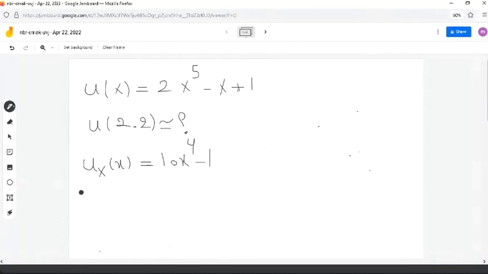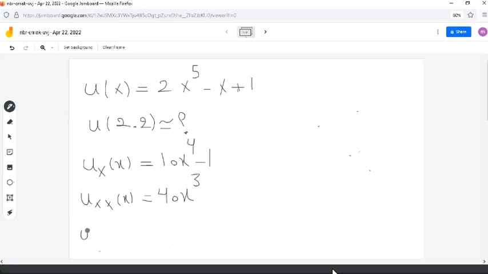It's okay? And u_xx, the second derivative of u with respect to x, is equal to 40x^3. Yes, it's okay.